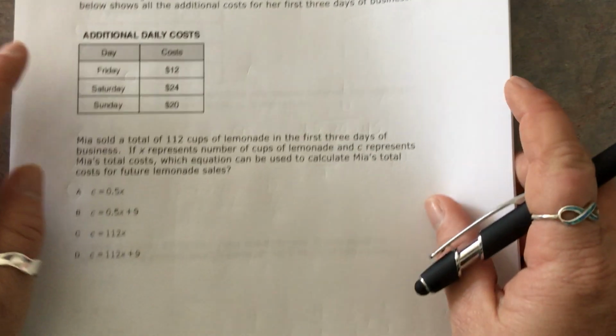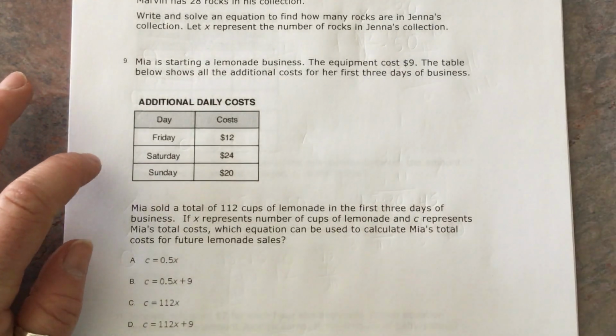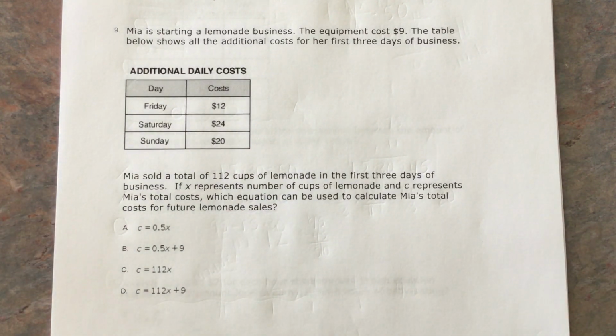Okay, we are going to skip number 8, and go to number 9. This is essentially a table with independent and dependent variables. It says, Mia is starting a lemonade business. The equipment costs $9. The table below shows all the additional costs for her first 3 days of business.